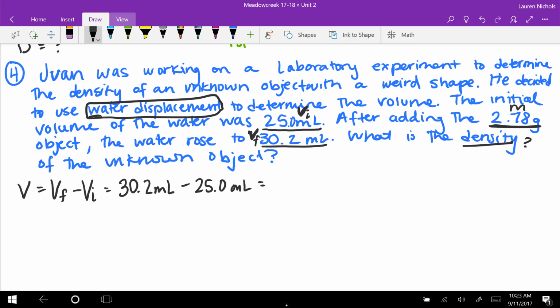And when we do that, 30.2 minus 25.0 gives us 5.2 milliliters. Now you might be asking me, Miss Nichols, do I have to write down 25.0? Can I just write down 25? And the answer is no, because your graduated cylinder was able to measure to that tenths decimal place. And that's very important because it tells us the precision of our instrument.